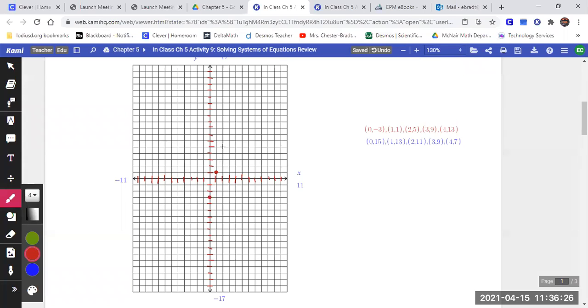Just use where you're at and move in the direction. I have to go 1 more over. That's 3. 9 is 4 more up. 1, 2, 3, 4. Right? 1 more over. 4. Up 4 more. 1, 2, 3, 4. Because 13 is up 4.